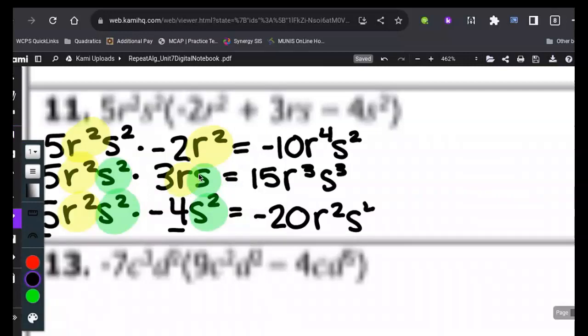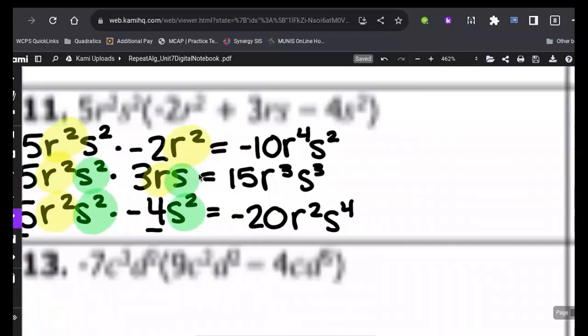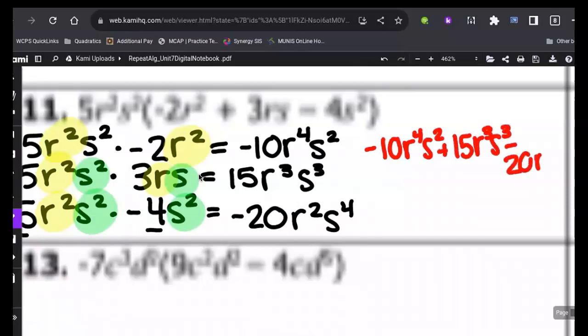So that's 4 s's total. So it's okay if it has multiple variables, you just add the exponents of the same variables. So our final answer, 10r to the 4th, s to the second, plus 15r to the 3rd, s to the 3rd, minus 20r to the second, s to the 4th.